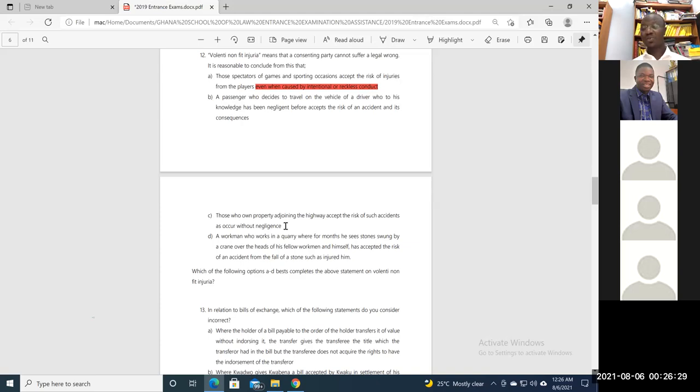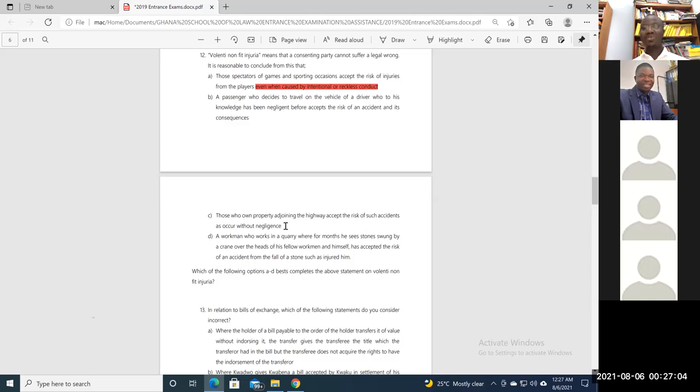So if something goes wrong, he should not be allowed to complain of negligence, because, aware of what has happened there before, he should be taken to have consented to the injury.